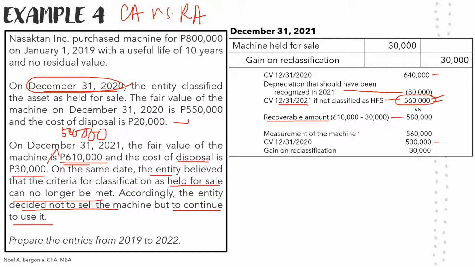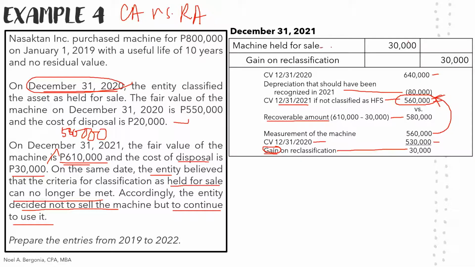So the difference should be recognized na measurement natin ng machine based on the lower of the carrying amount and the recoverable amount and the carrying value from the previous year or the latest na carrying value na available sa atin na 530,000, then we will be recognizing again on reclassification. Okay? So, paano pag mas mataas yung carrying value? So, pag mas mataas yung carrying value, then may loss on reclassification ka. Okay? So, ang gagawin natin dito, since we have a gain on reclassification, then we will just be recognizing it.